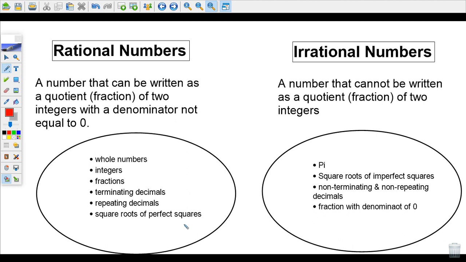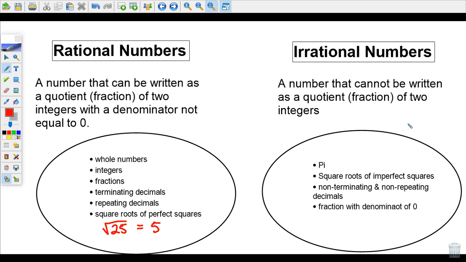Square root means what number multiplied by itself gives me this. In the square root of 25, what number multiplied by itself gives you 25? That would be 5. So 25 is considered a perfect square because when you take the square root of it, you get a whole number. So any square roots of perfect squares are rational.